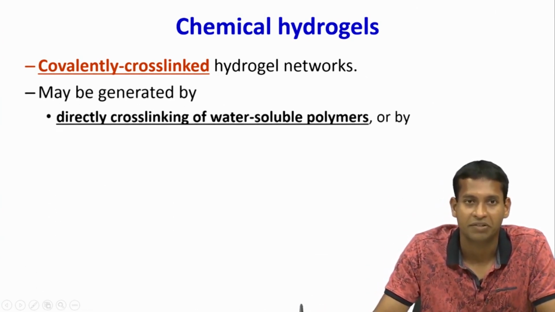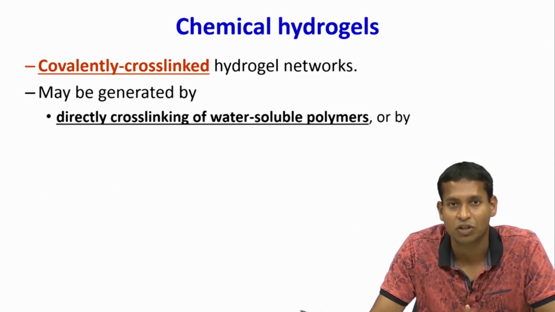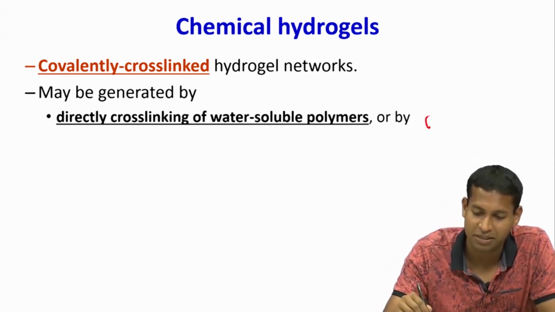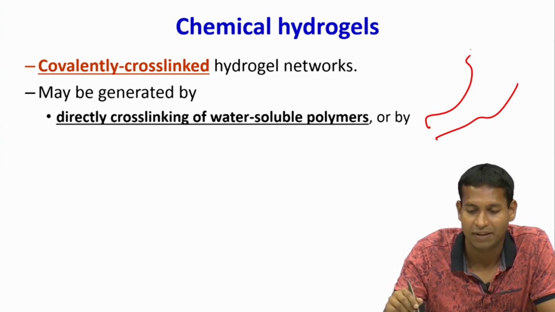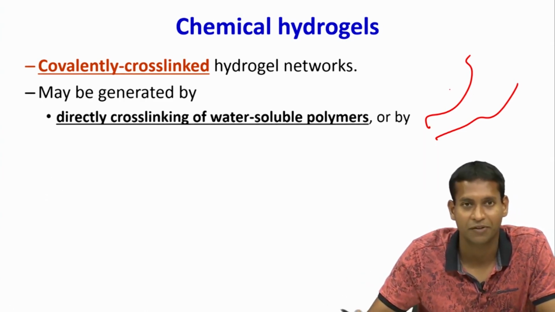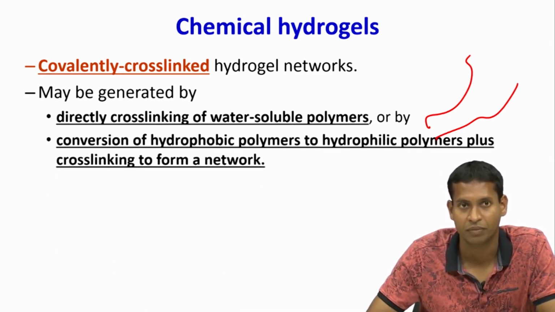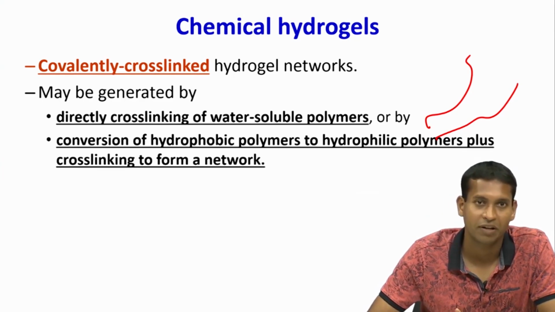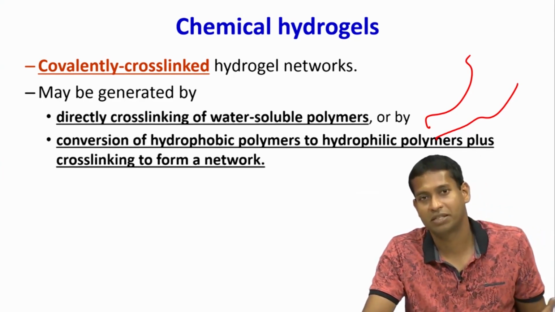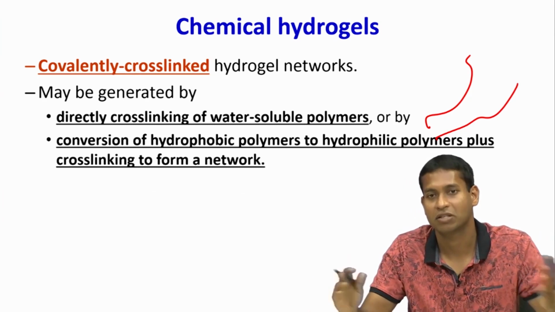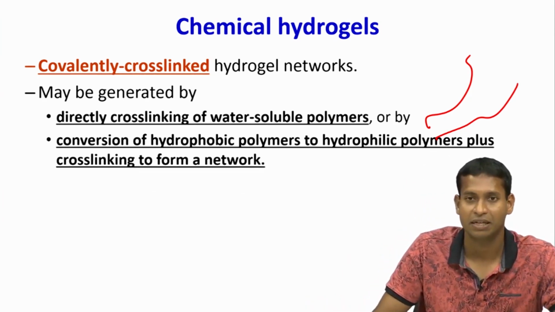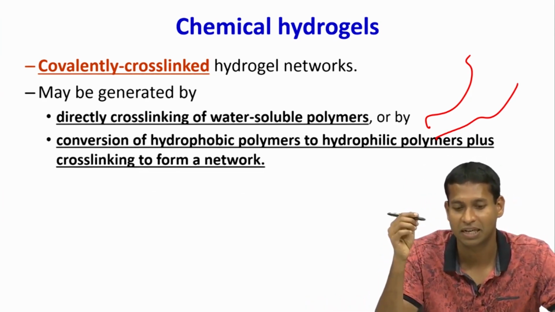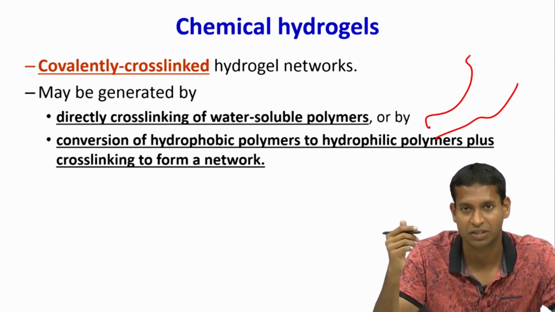These could be generated by directly cross linking water soluble polymers. You can have polymers that have several functional groups on them and are water soluble, and you can directly cross link them, or you can have conversion of some hydrophobic polymers to hydrophilic polymers and then cross linking. The example I gave you in the last class was PEG-PLA-PEG, where PLA was a hydrophobic polymer.